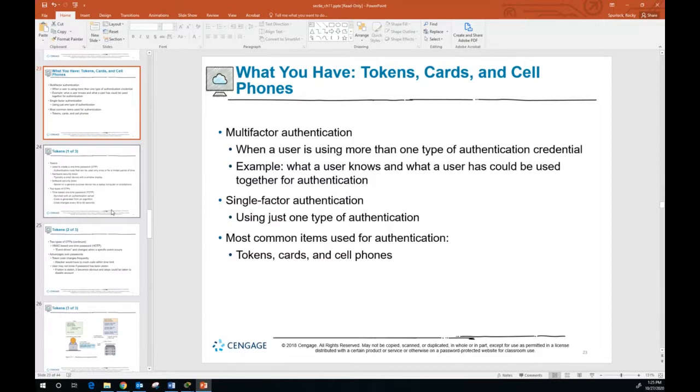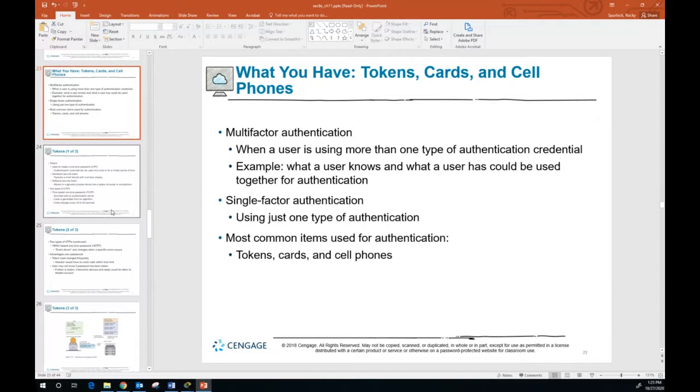So for example, if you type your password, that is what you know. But if you have a key card or a token, even your cell phone, so you have a text message that sends an authentication code to your cell phone, that's something you have. So you can use those two in combination for multi-factor authentication.